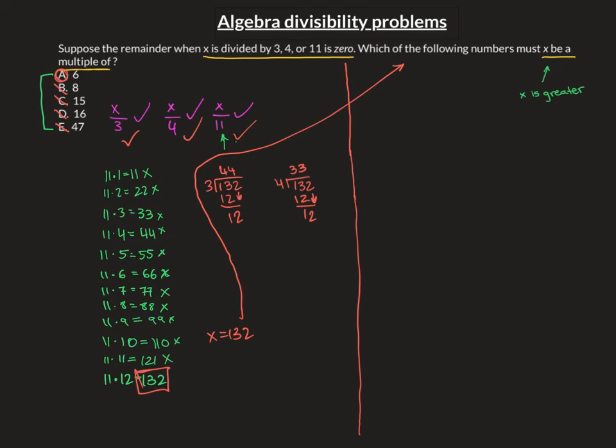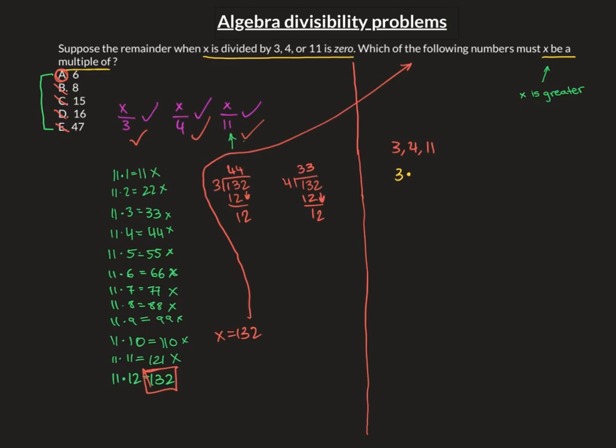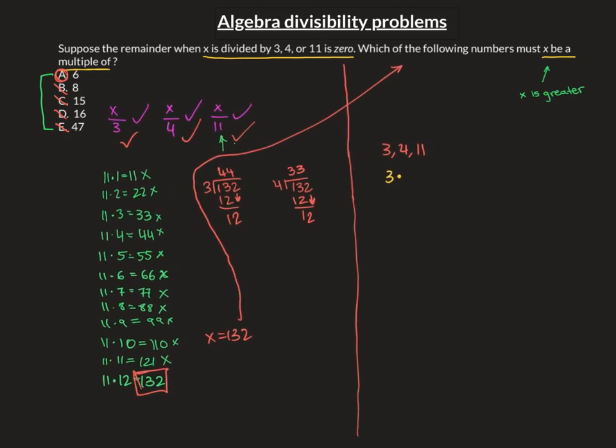So all we have to do is take 3, 4, and 11 and create one big product. So 3 times 4 times 11 is 12 times 11, equal to 132. And as we saw in our previous method, 132 does work.